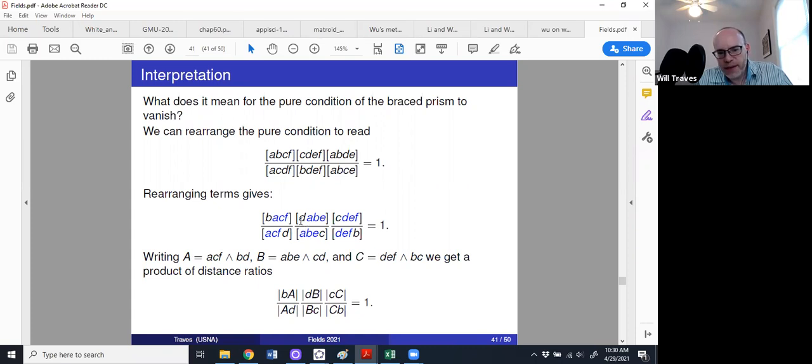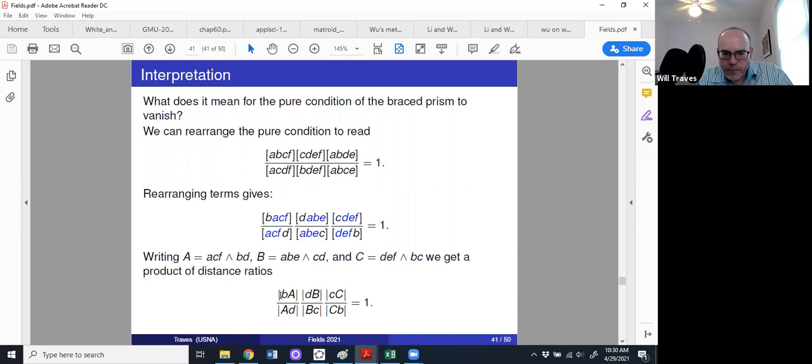And you do the same thing for these other terms. And then what we do is we replace this bracket, BACF, with the distance from B to A, the distance between these 2 points. And you get this product of oriented distance ratios.